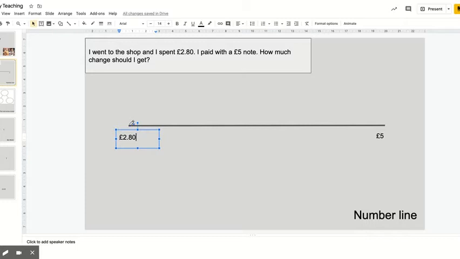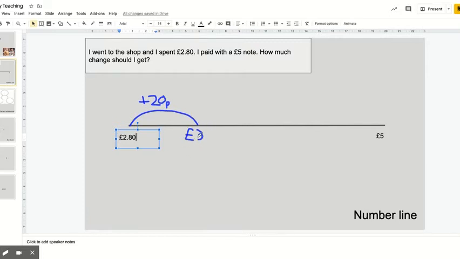So I know if I add 20 pence onto here, I'm going to end up at £3 here. That hasn't found my change yet, it's found part of my change, it's found 20p here, but it has meant that I'm on this safe number £3 here.